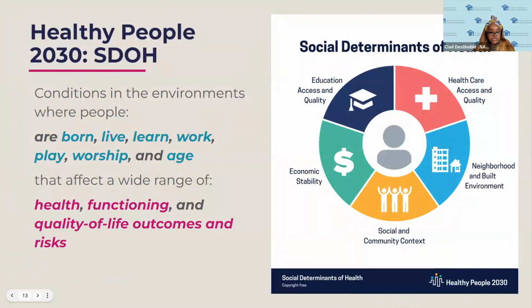Next slide, please. So another framework I'd like to reference is the Healthy People 2030. The SDOH Academy has intentionally leveraged this framework over the past couple of years to show how health center efforts align with this important federal framework.